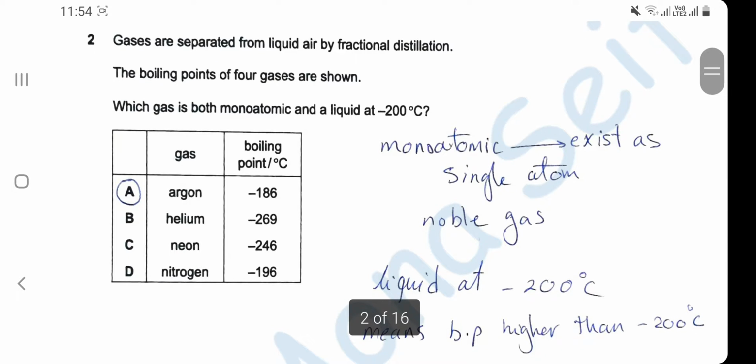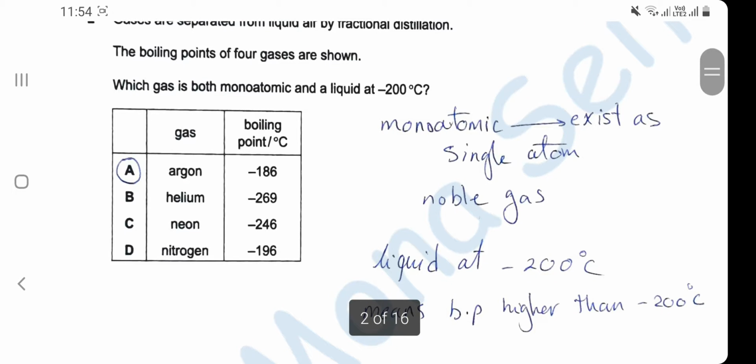Here, the boiling points of the four gases are shown, and this gas is monoatomic and liquid at -200. Monoatomic means it is from group 8, it is a noble gas, so it exists as a single atom. Noble gases here: argon, helium, and neon, so we can exclude the answer D, nitrogen.